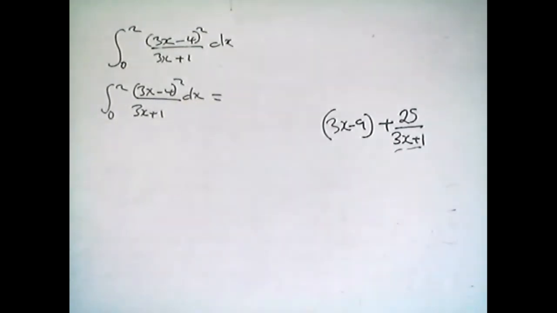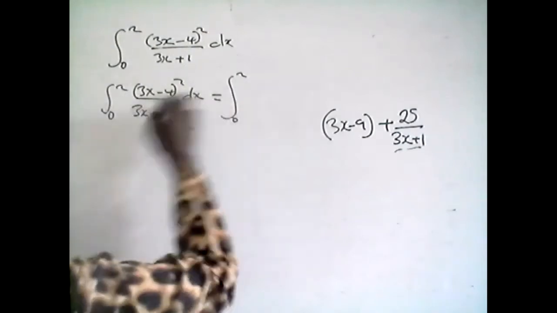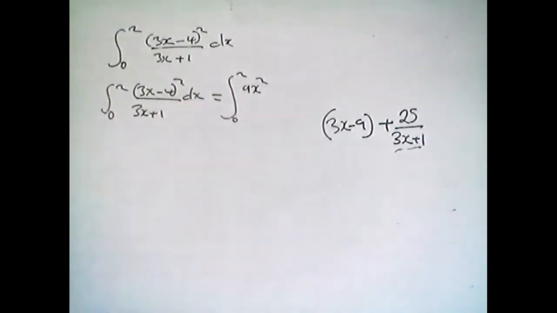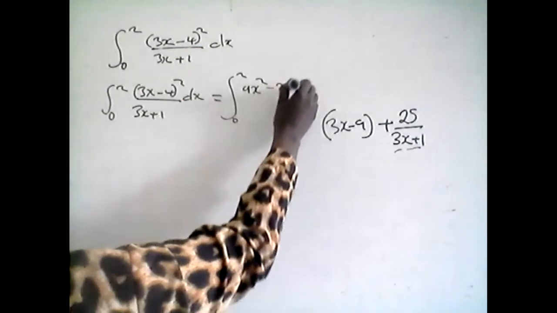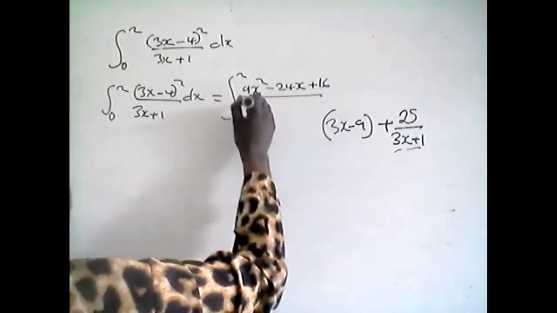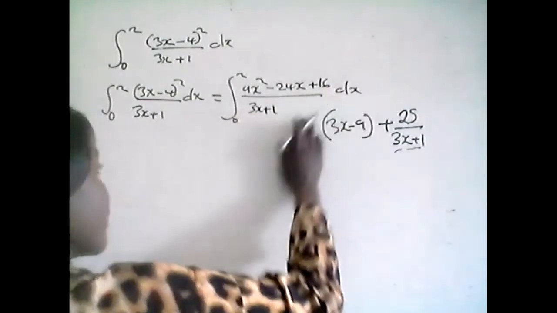What we had on top was 9x squared minus 24x plus 16 over 3x plus 1 dx.